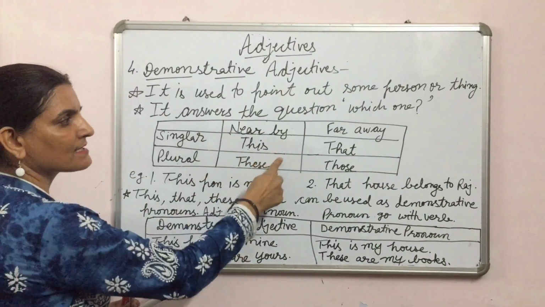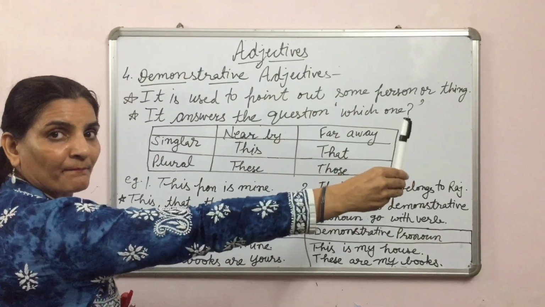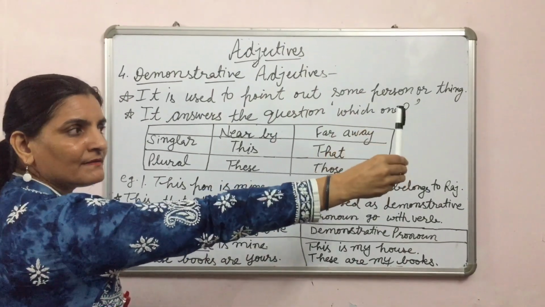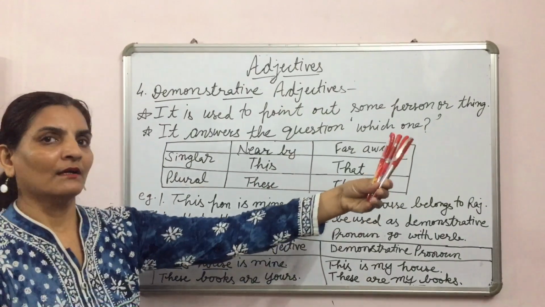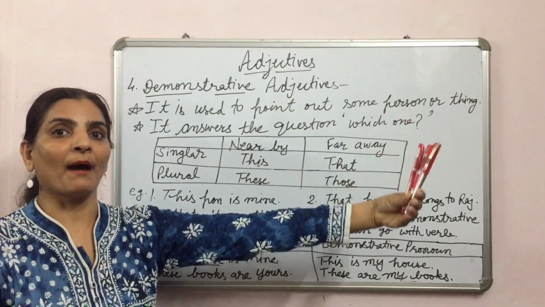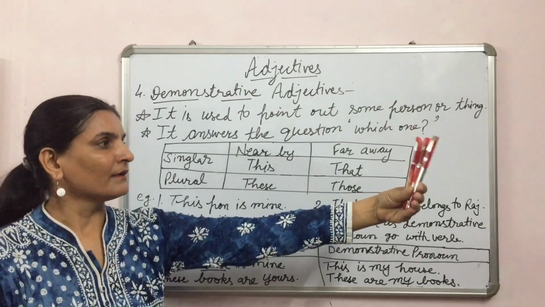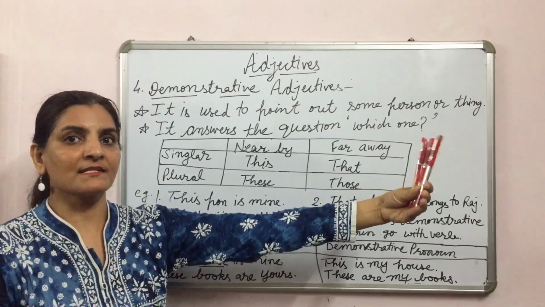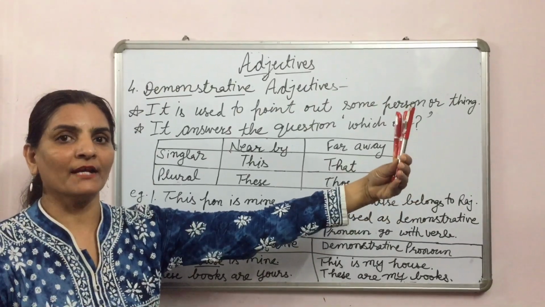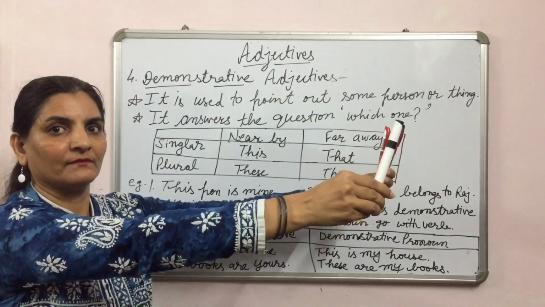Now let us see about that and those. That pen is mine. Those pens are mine. Now they are far away. Pens are far away. So we have used that and those.